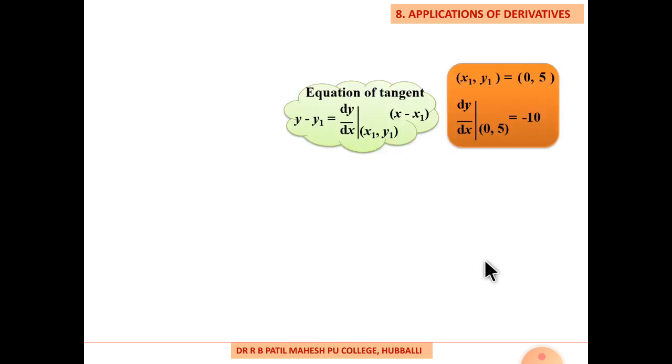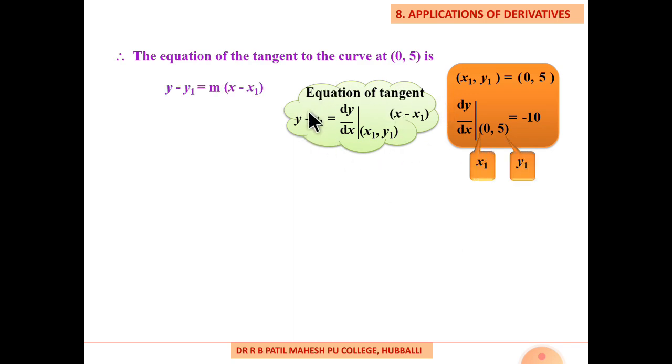Next, the equation of the tangent. This is the formula: y minus y1 equal to dy by dx at (x1, y1) into x minus x1. So the equation of the tangent to the curve at (0, 5) is given by y minus y1 equal to m into x minus x1, where m is dy by dx at (x1, y1).